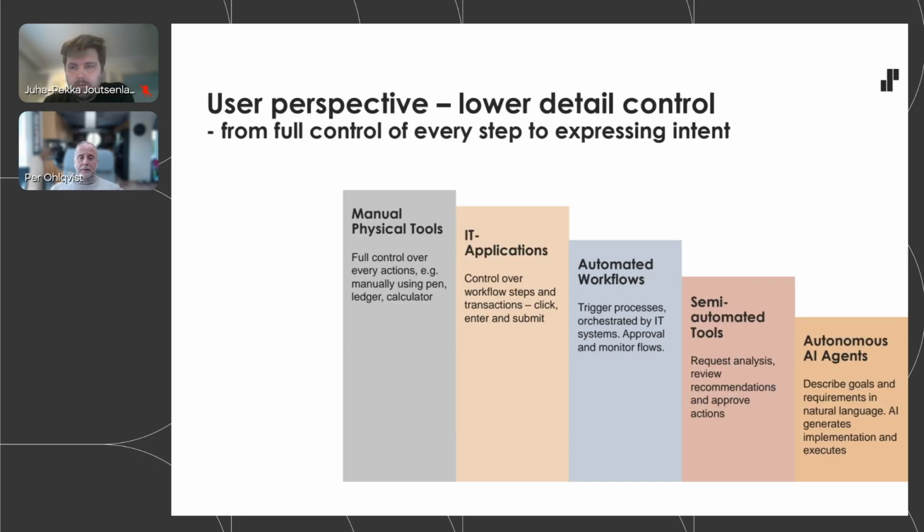Another trend, or evolution, from the user perspective is that we have lower detail control today. From the beginning, we used manual tools like pen and calculators to run business transactions, and we were in total control of every step. Then we introduced IT applications where we still controlled steps by clicking, entering, and submitting transactions. And then we more and more began to automate sub-processes and trigger workflows.